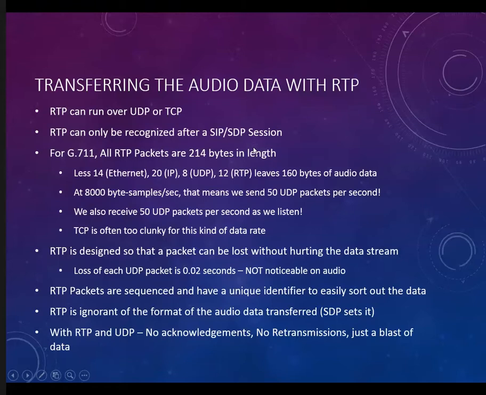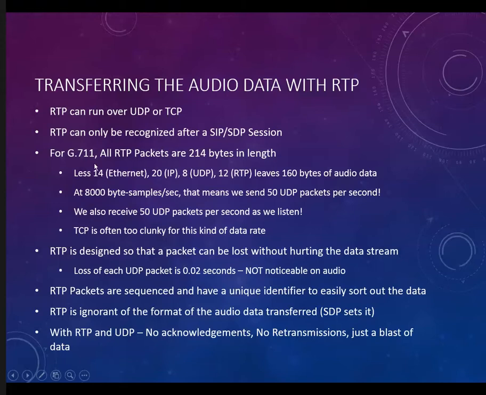If you actually break into the middle of an RTP session, it will show you a stream of UDP packets of length 214 bytes. However, once it recognizes SIP has assigned a port number to that session, then afterwards it will interpret any UDP traffic from that port number to be RTP.